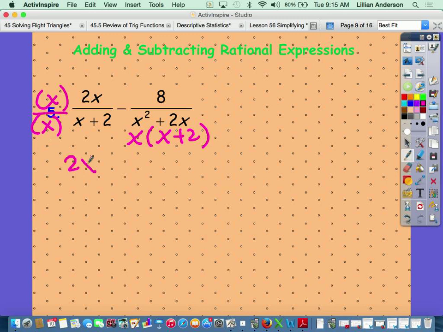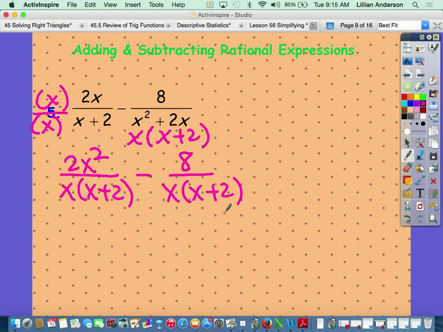So then I have a 2x squared on the left over an x times x plus 2, minus an 8x times x plus 2. I have a common denominator now, so I can subtract them, right? 2x squared minus 8 over x plus 2.